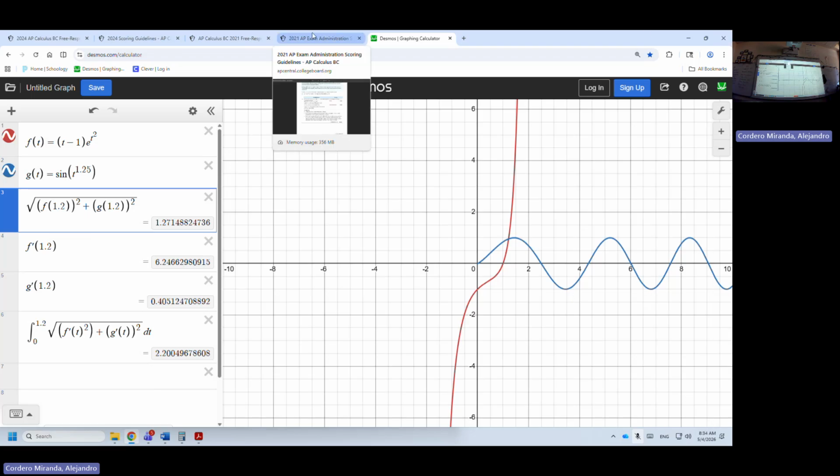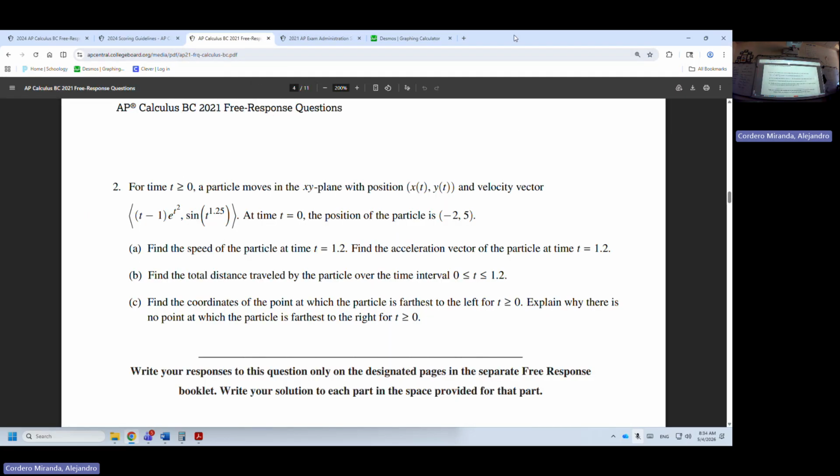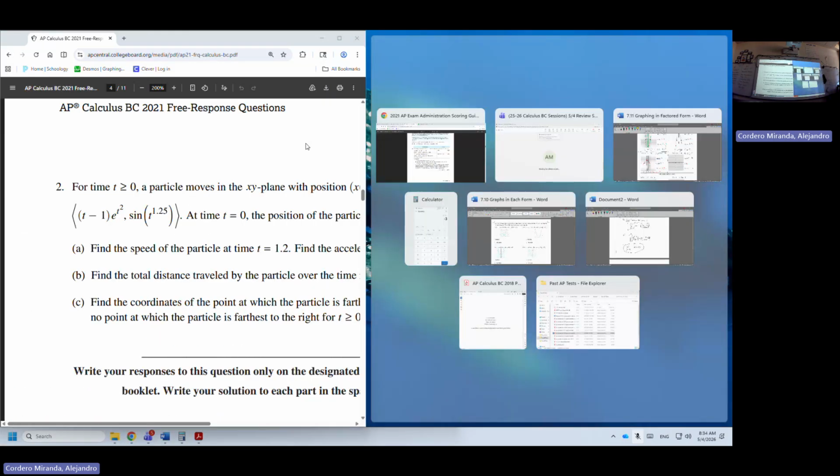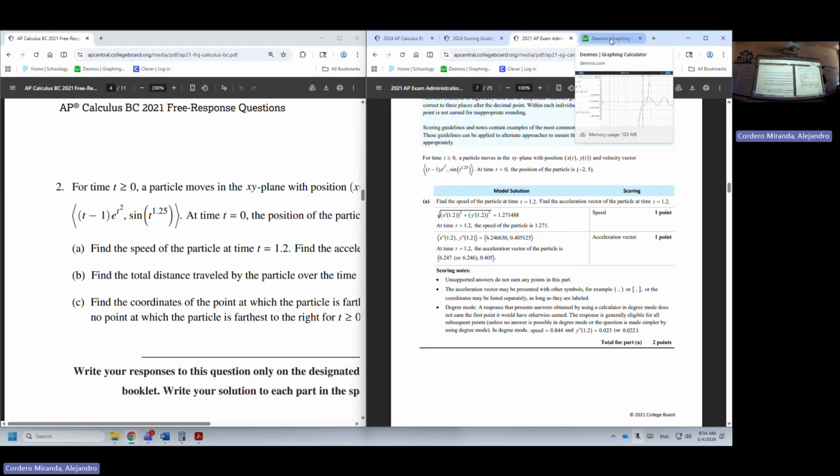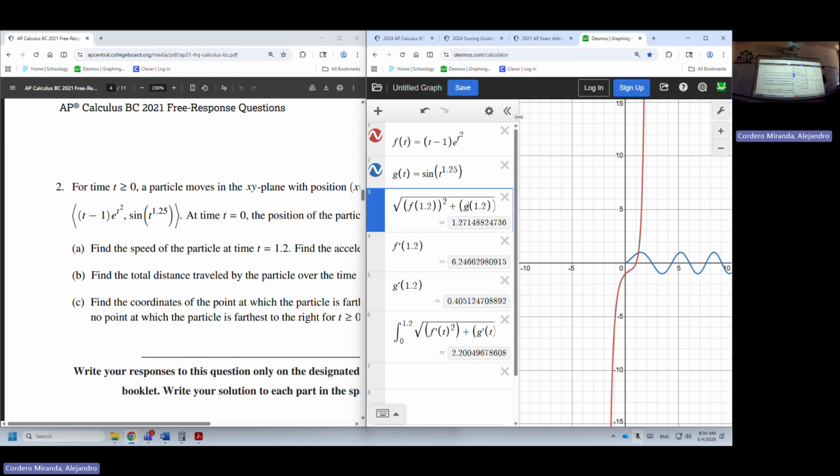But okay, for part A where it says find the speed of the particle, you should have done the magnitude of this vector at 1.2. So the square root of that function at 1.2 squared plus this function at 1.2 squared, and you get 1.27 something if you were actually putting them into your calculator.